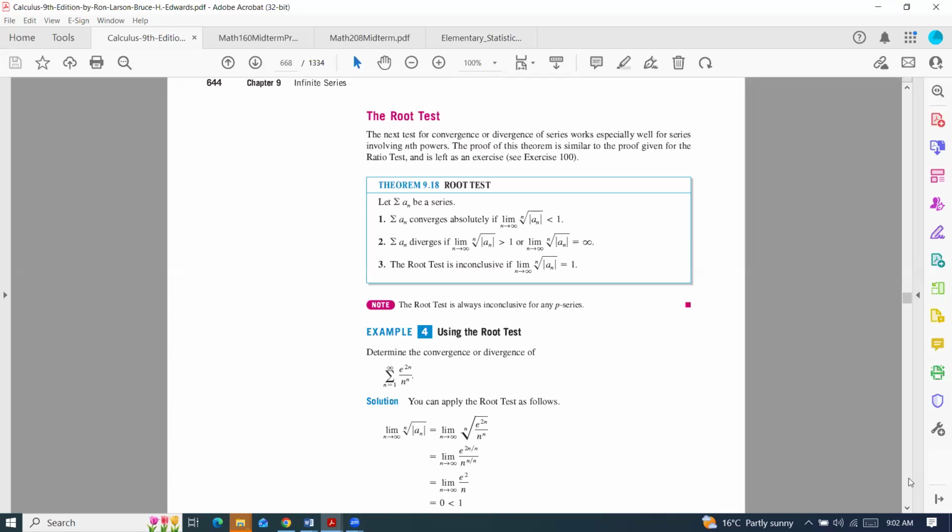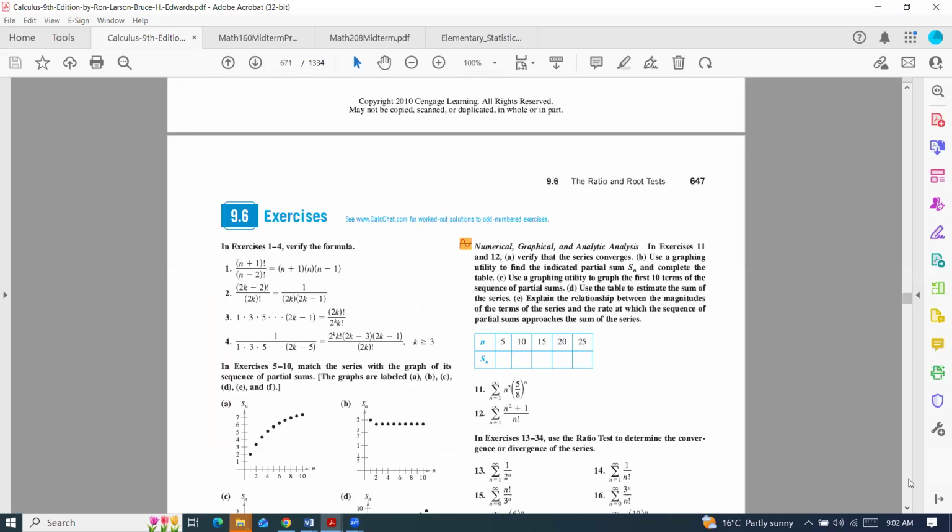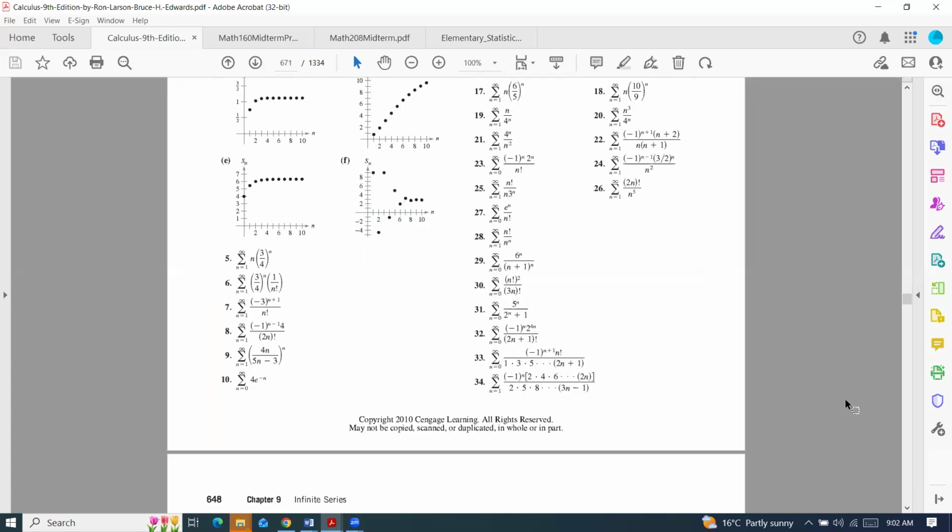So let me do some examples at the end of the section to see how we use these tests and which test is better and more convenient to use. Turns out, since we have already accumulated so many tests and different ways to determine convergence, we have the same exercise that could be done differently.